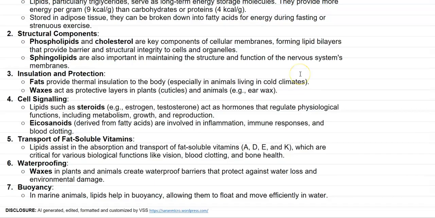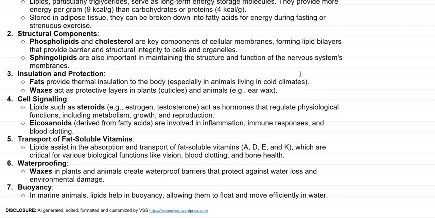The next function is the transport of fat-soluble vitamins. Lipids are important molecules that assist in the absorption and transport of fat-soluble vitamins such as A, D, E and K. These particular vitamins play a major biological function in vision, blood clotting and maintenance of bone health.